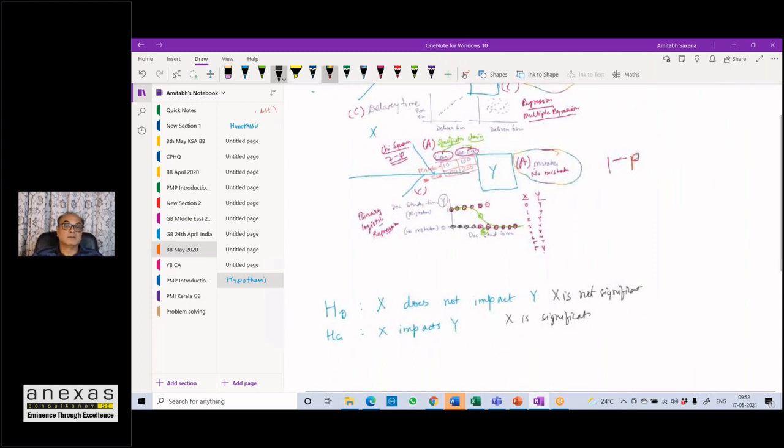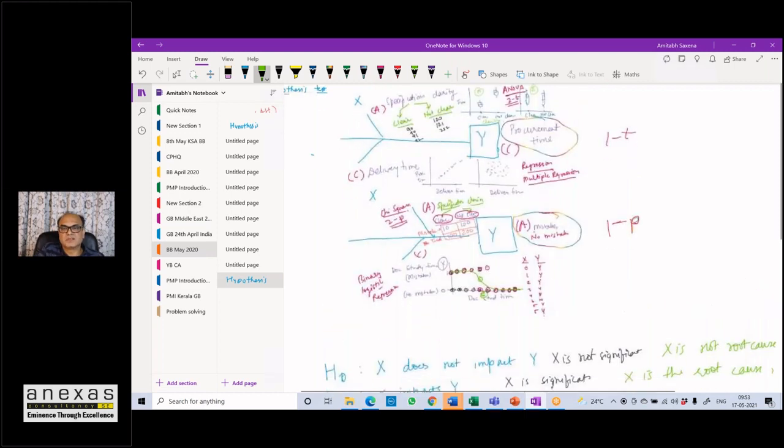One more way of expressing it would be null is X is not the root cause. And here it is X is the root cause. So null and alternative you'll be writing means as a black belt you're giving equal chance to both the possibilities.